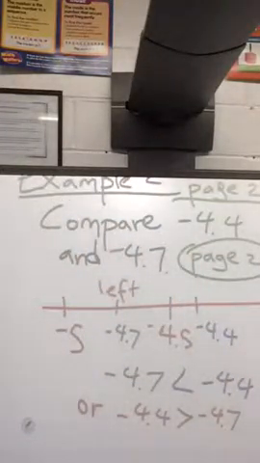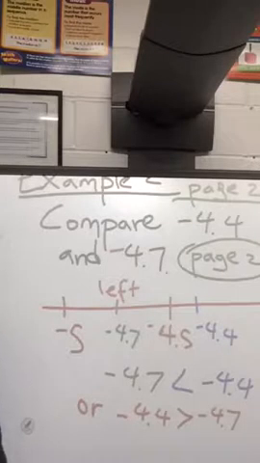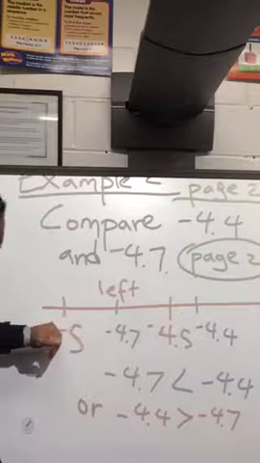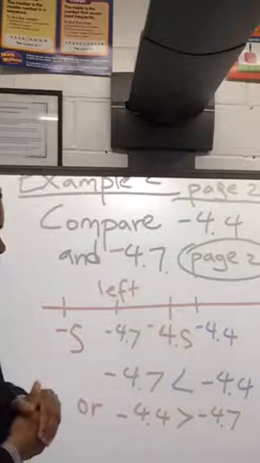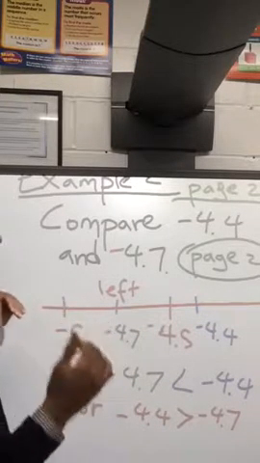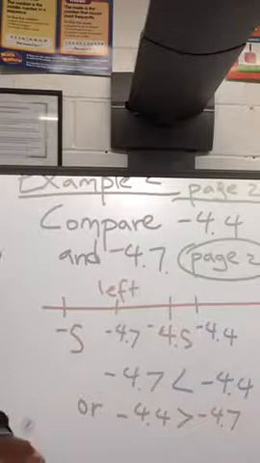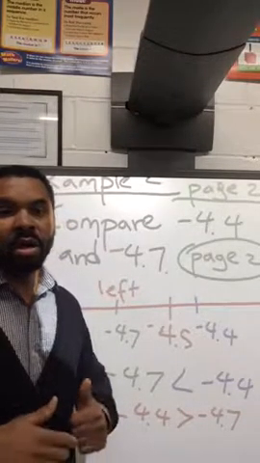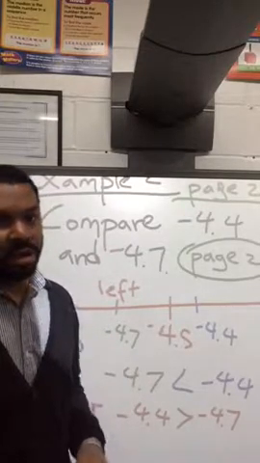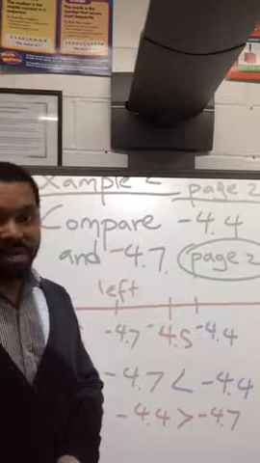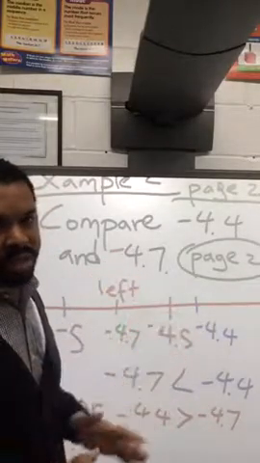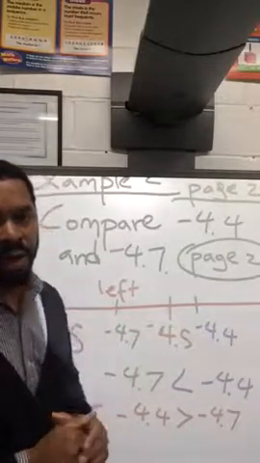Good. So when we compare negative 4.4 and negative 4.7, if we look at the number line, negative 5 is on the left of negative 4. Negative 4.5 has to be in the middle of negative 5 and negative 4, because if you look on the positive integers, 4.5 is between 4 and 5. Those are the two numbers that are sandwiching 4.5.